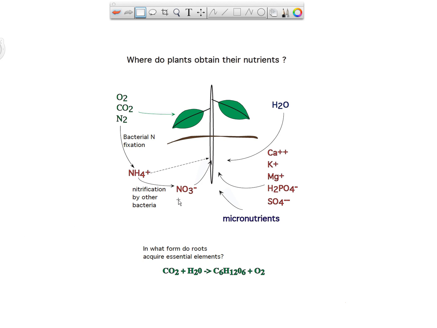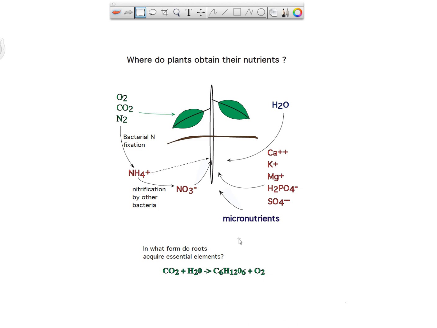Plants acquire these elements in the form of nutrients. Nutrients are materials that an organism needs, in a form that the organism can take up. So you know a lot from Biology 211 about photosynthesis, and you know the basic chemical reaction.